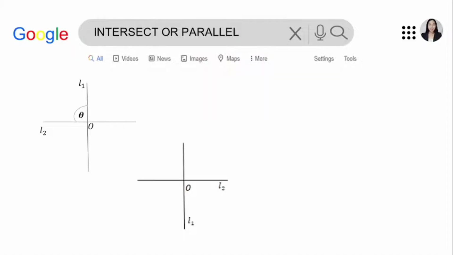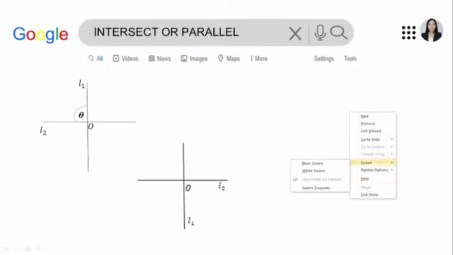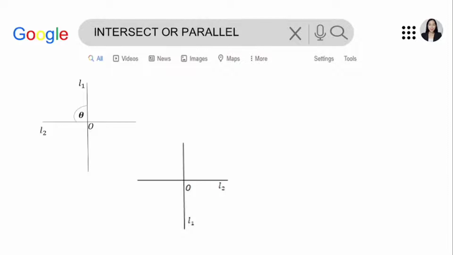So these are the intersecting lines, for example. To get the intersect case of Euclidean motion, the theta will be moved to this position, and the L sub 1 will be moved to this position, as well as the L sub 2 will be moved to this position.